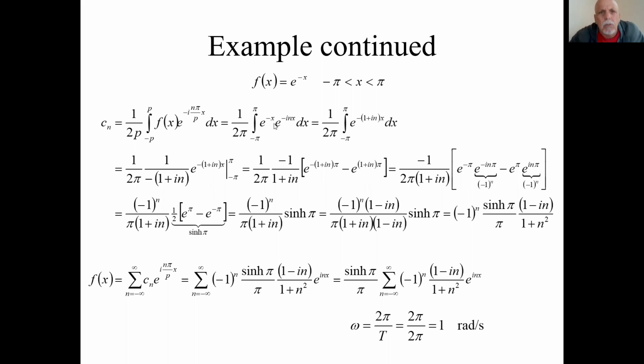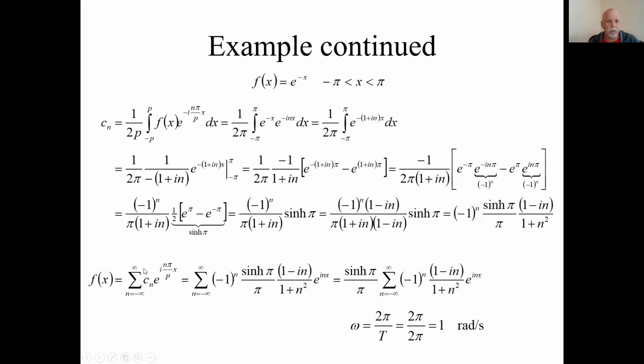We just did this example of an exponential Fourier series. We looked at this function, e to the minus x, defined on this interval minus pi to pi. We went through all this, calculated the Fourier coefficients, and simplified them to these.